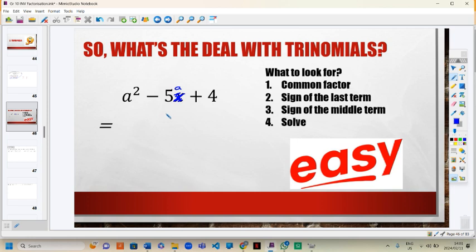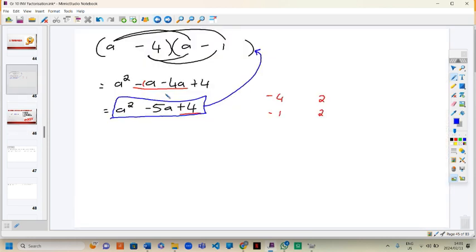The next thing I'm going to do is look at the sign of this last term. Over here I know it's positive. Let's go back to the previous slide. In order for this last term to be positive, I either need a negative multiplying with a negative to give me a positive, negative 4 times negative 1 is a positive 4, or a positive multiplied with a positive to give me a positive.